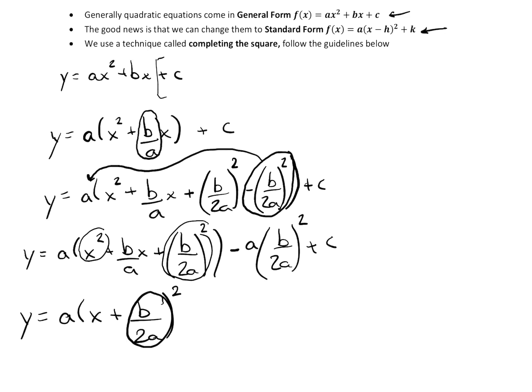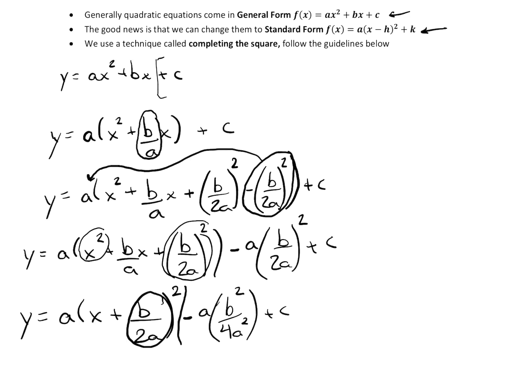And then here, this minus a, so you have minus a times, I'm basically going to do the exponent. It's a times b squared over 4a squared plus c.